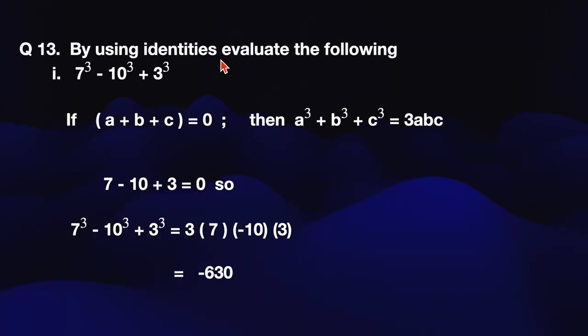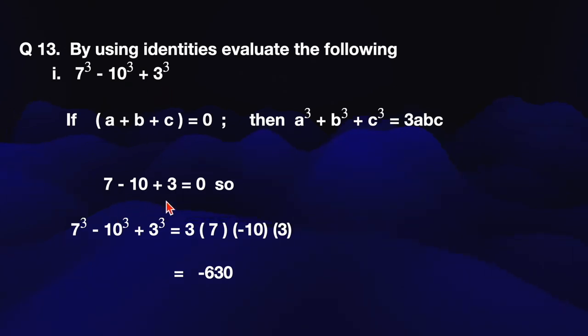By using identities, evaluate the following. So 7 cube minus 10 cube plus 3 cube. So this is one of the identities. If a plus b plus c is equal to 0, then a cube plus b cube plus c cube is equal to 3 into a into b into c. Okay. Now let us check. Here the value of a is 7, b is minus 10, c is 3.